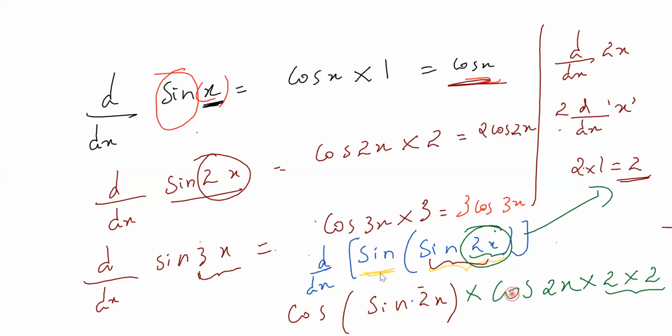Sin differentiation is cos, so cos 2x. Then I have to go to the most innermost bracket, that is 2x, differentiation is 2. And if you ask me why this multiplication by 2, because cos 2x into 2.